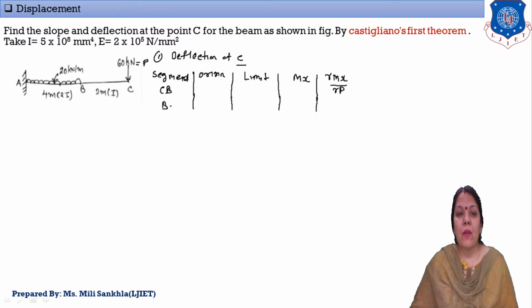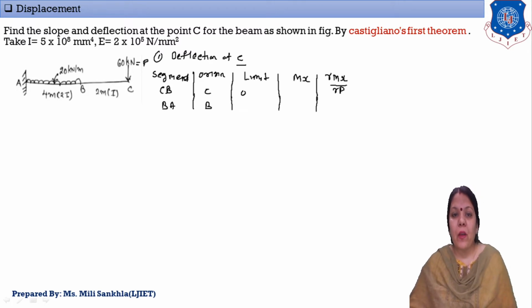Okay, one by one. In the CB segment, C is the origin point, and in the BA segment, B is the origin point. Clear? Now in the CB segment we take C as origin, so our limit is 0 to 2.